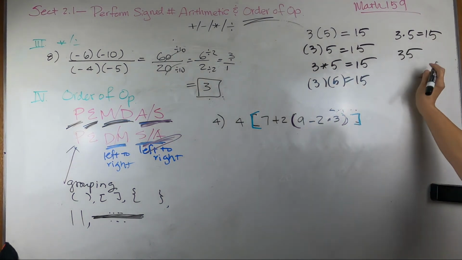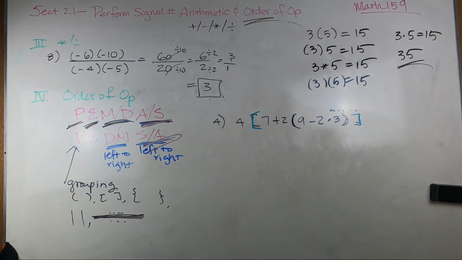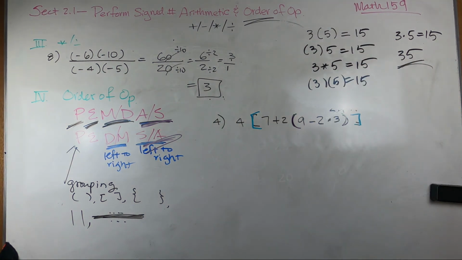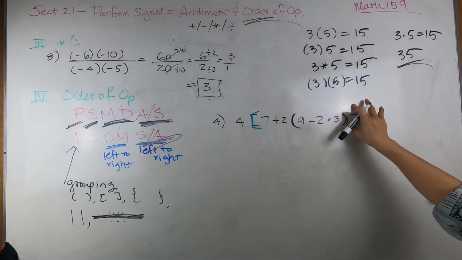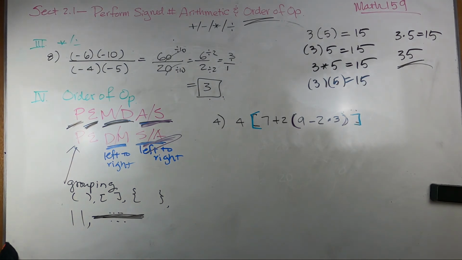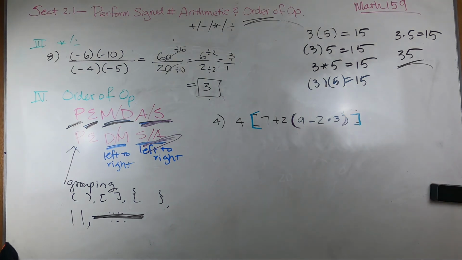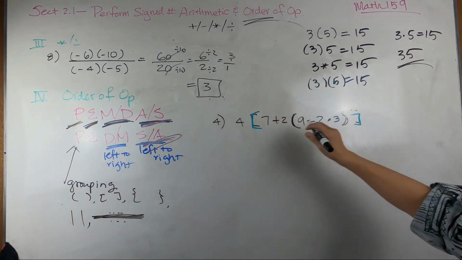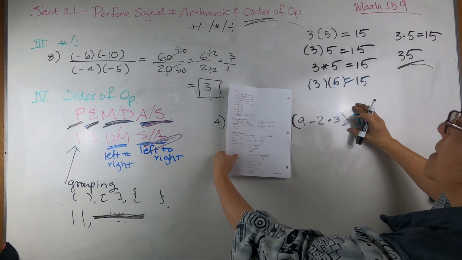If I write 3 and 5 together, it means 35. If you have a symbol, parentheses in between, it means multiplication. But you need to make things simpler for you to handle. So you do the inside of the group first, then expand to the outside. Okay? So you need to do the inside parentheses first before you do the bracket, so you don't get confused. You can cover them up to do that.